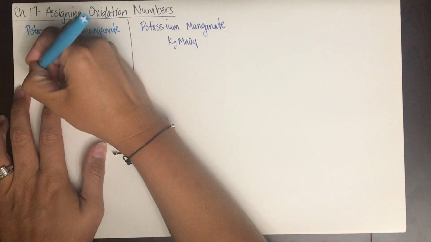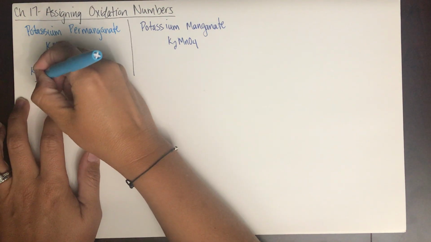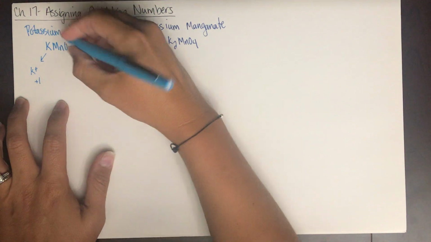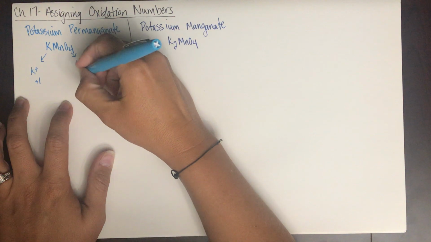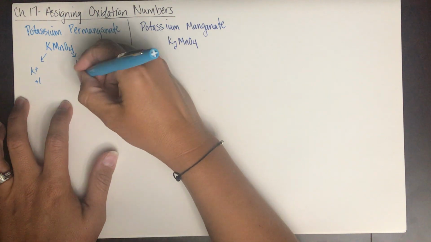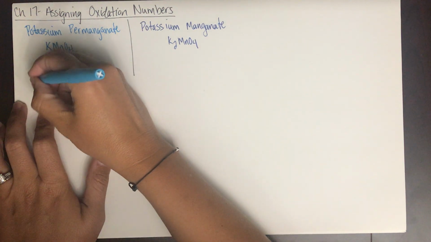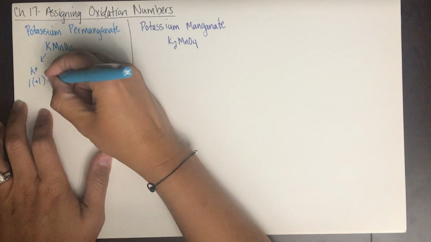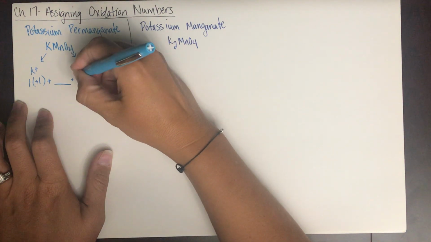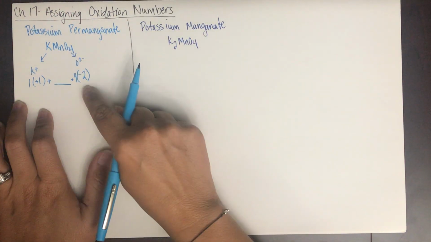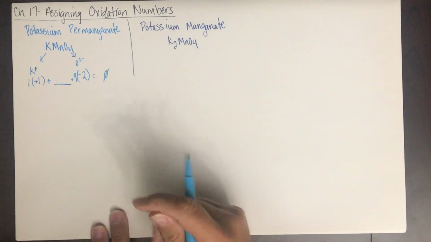So for example, potassium is +1, so that means it is going to have an oxidation number of +1. Oxygen is -2, so that means it's going to have an oxidation number of -2, but I have 4 of them. So let's just write it out. I have 1 potassium plus however many manganese is. I have to do that one last. Plus 4 of the oxygen, which have a charge of -2, and all of this has to equal 0.